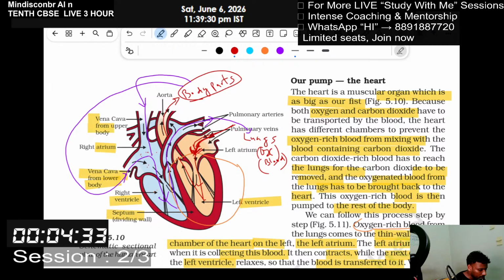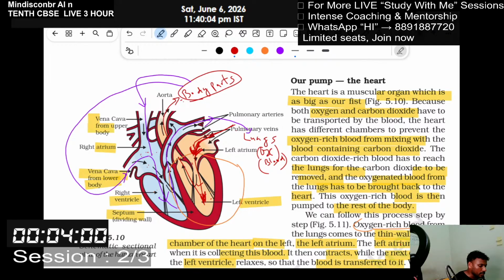So in the relaxed condition of the left atrium, the blood comes to the left atrium, and the left atrium contracts and the left ventricle relaxes, and as a result blood flows from the left atrium to the left ventricle. After that the left ventricle contracts, and as a result blood flows from the left ventricle to different body parts through the aorta.